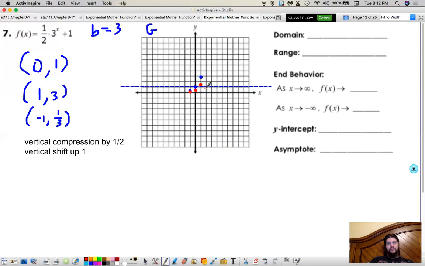Now, it might be easier for you if you go to another point out. If we plug in 2 here, we'd get 9 originally. Then half of 9 would be 4.5. But again, as long as you have the right shape, it's okay.